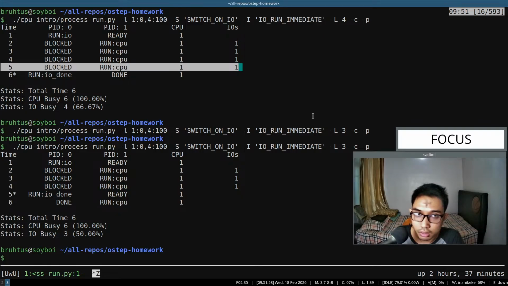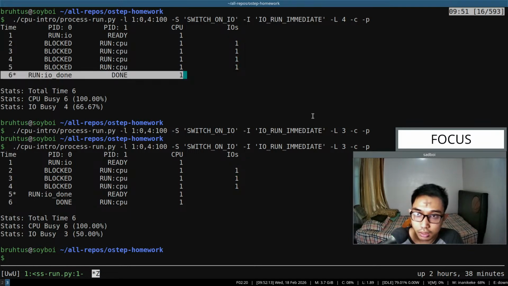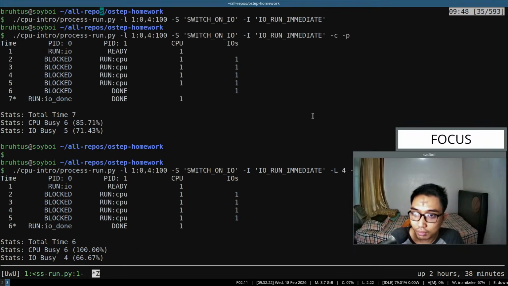In this case, the input-output finishes exactly at the same time as the CPU process finishes. So we didn't really see any interesting behavior, right? I mean, this is basically something like this, the end of the process.